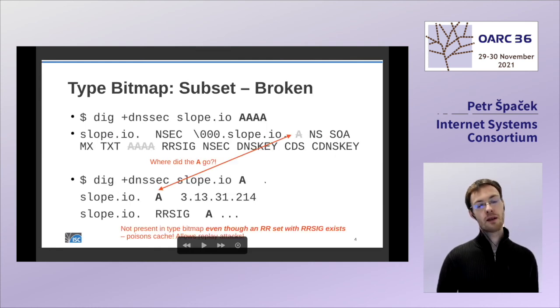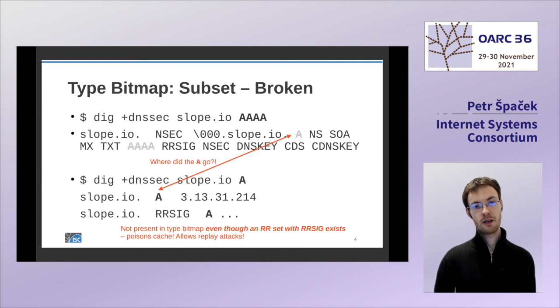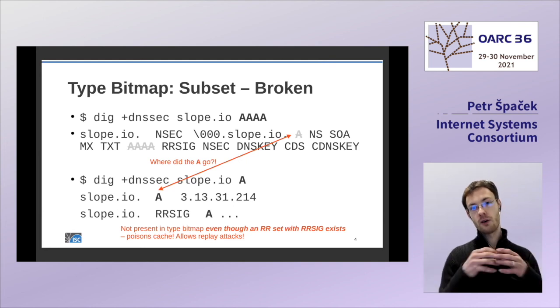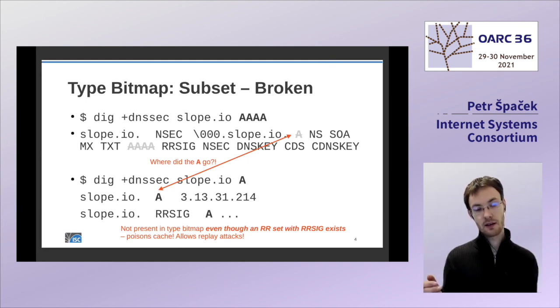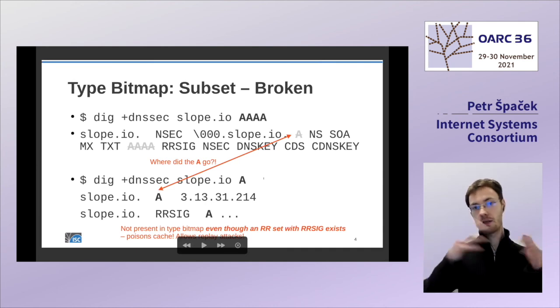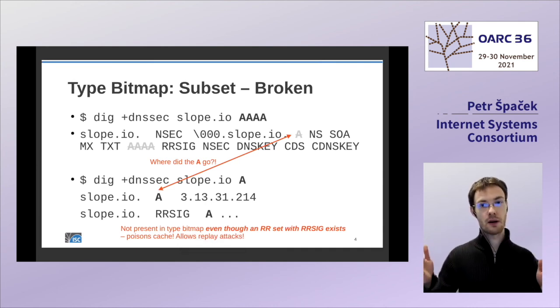Okay. The problems start when someone takes a shortcut and uses a type bitmap which doesn't contain all the types which are present. Cloudflare is sending all the types which are present plus some types which are not actually there, which is not a problem. Here we have a subset of types, so the type bitmap is not listing all the types.